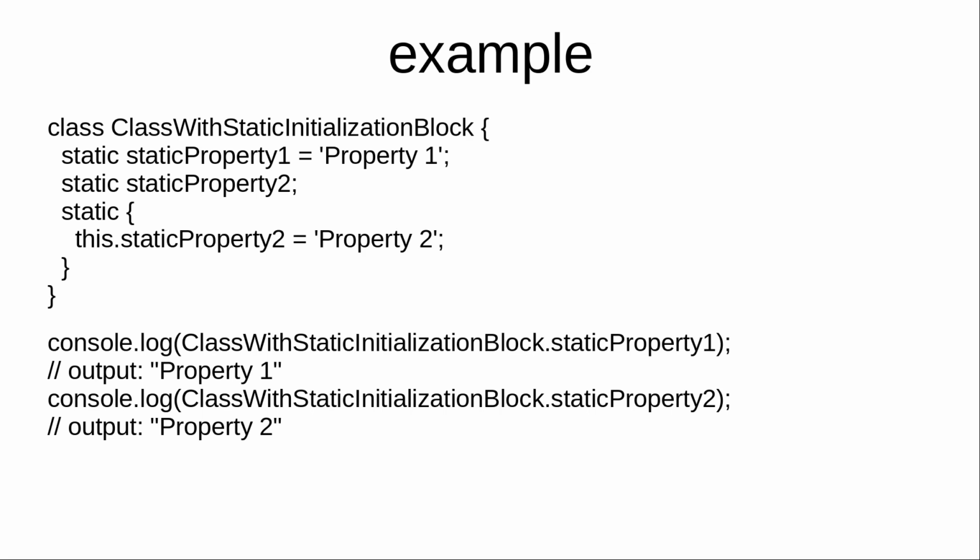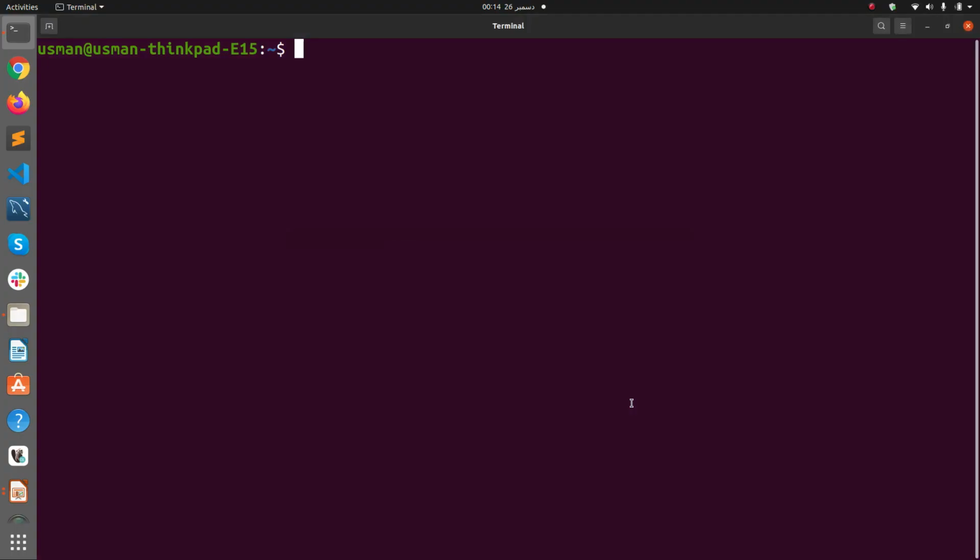Then I have a static block, and in that static block I'm saying this dot static property 2 equals property 2. So when I console.log class with static initialization block dot static property 1, it gives me property 1. And when I console.log class with static initialization block dot static property 2, it gives me property 2. So let's see this in action.